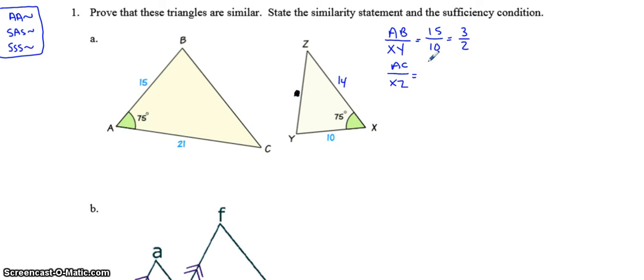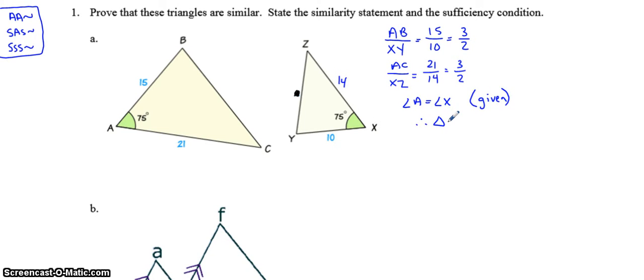So that is equal to 21 over 14, which is also 3 over 2 in those terms. So we've proven that the two sides are proportional to each other. And now you can say angle A is equal to angle X because they are given.